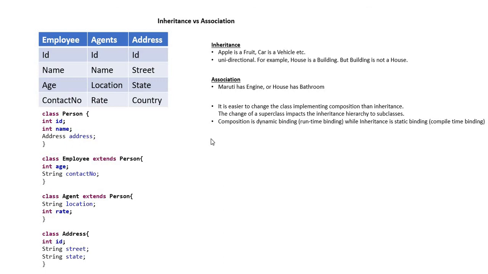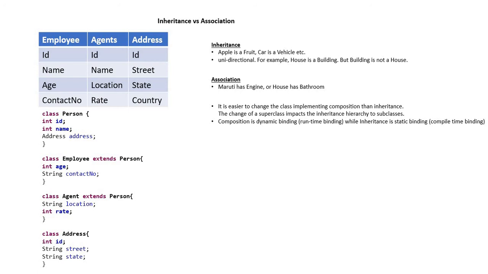So the business address is nothing but it inherits the address, and over there I will be establishing the inheritance relationship, but at runtime I am binding one of those addresses to the person. So the dynamic binding is really happening in case of association.